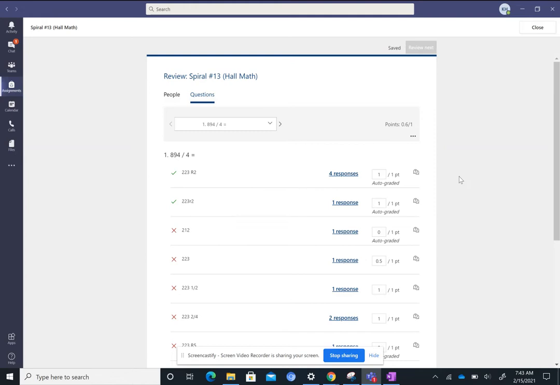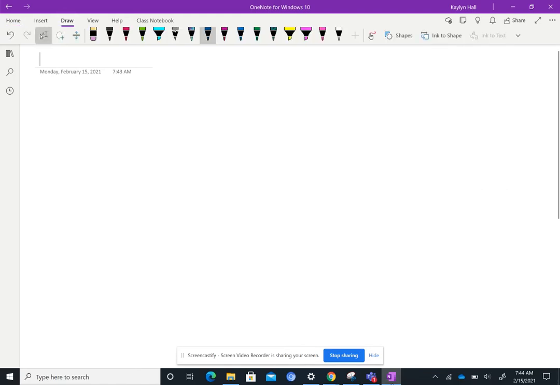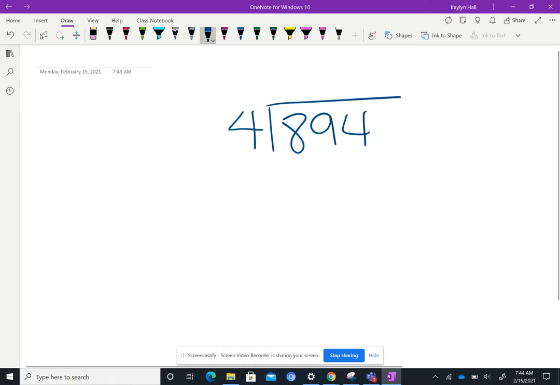So the first question on your last spiral was 894 divided by 4. So I'm going to flip to here. 894 divided by 4. 4 goes into 8 2 times. 4 times 2 is 8. 8 minus 8 is 0.